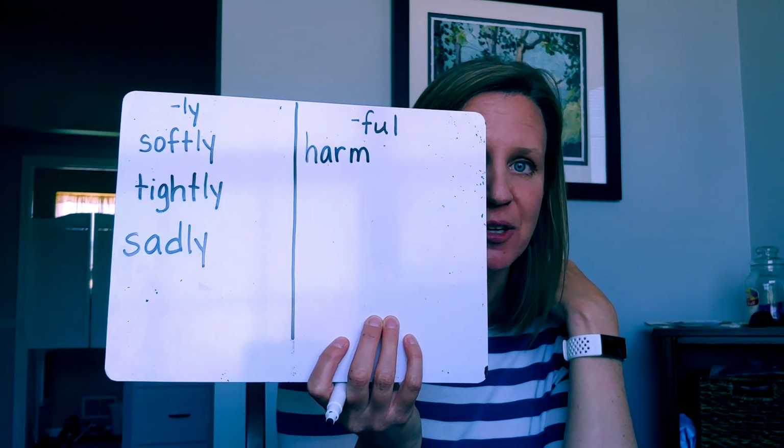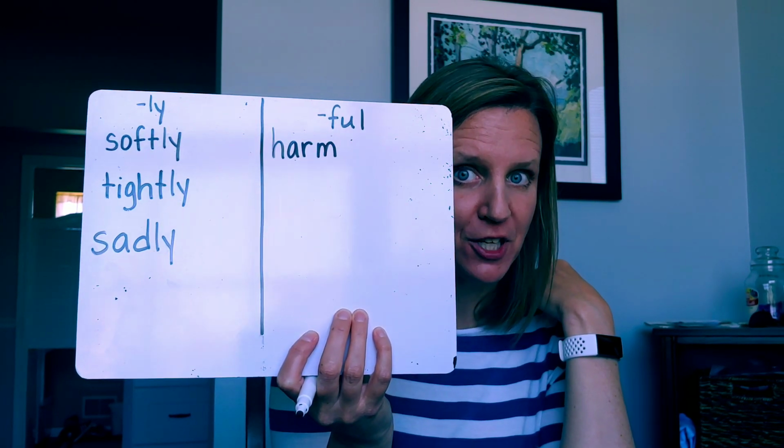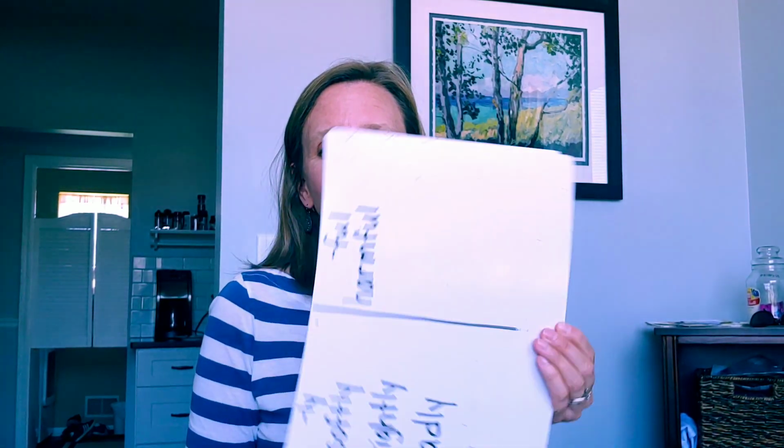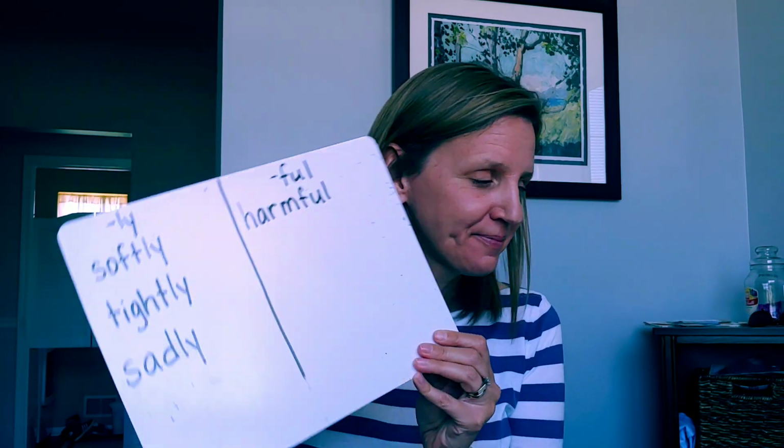Do you remember how to spell R? A-R. Harm. This is how we spell harm. How can you make it say harmful? That's right. Add the suffix F-U-L and you have the word harmful.